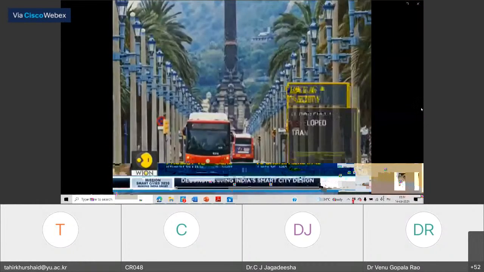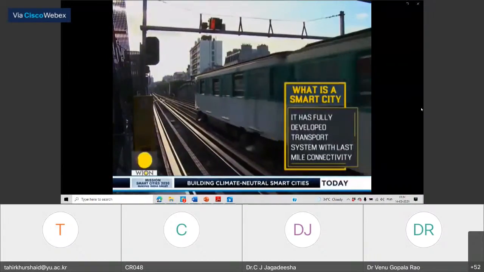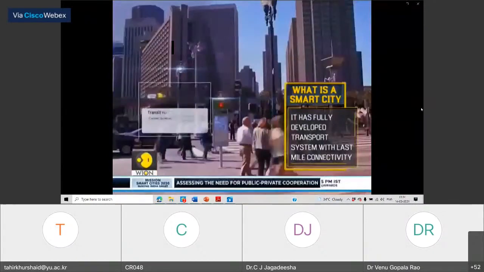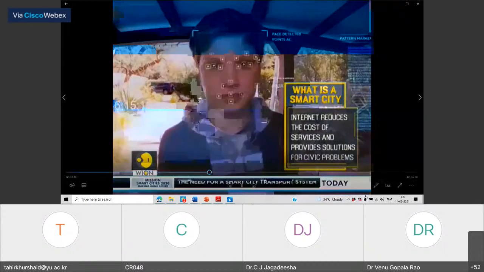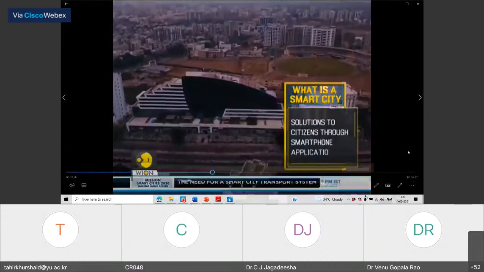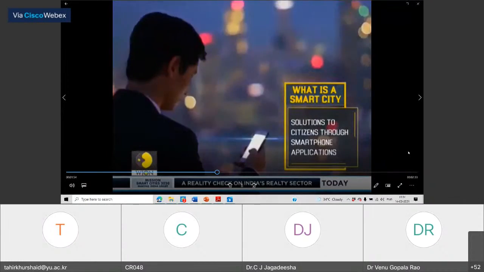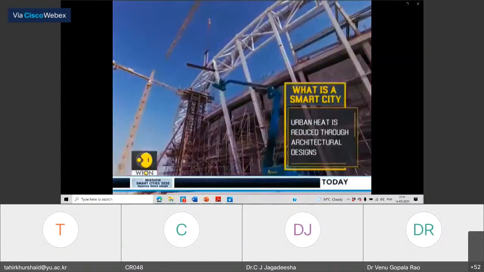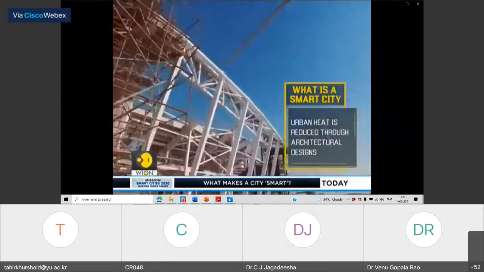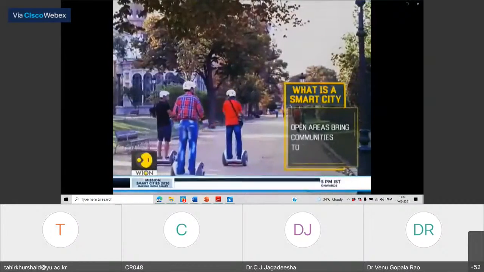A smart city has a fully developed transport system with last mile connectivity. The internet reduces the cost of services and provides solutions for civic problems. The smart city concept is based on the internet, which provides solutions to citizens through smartphone applications. Urban heat is reduced through architectural style, and open areas bring communities together.